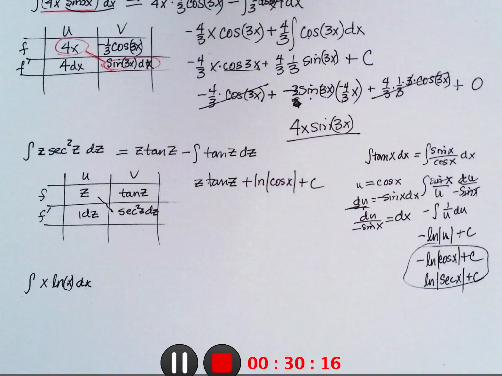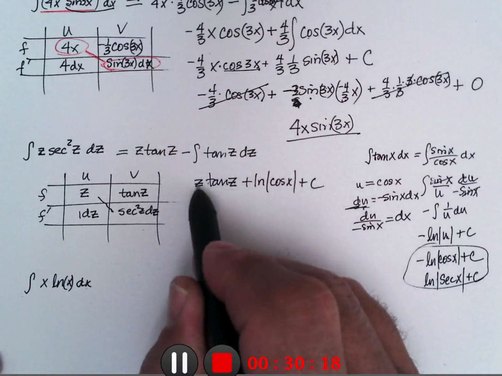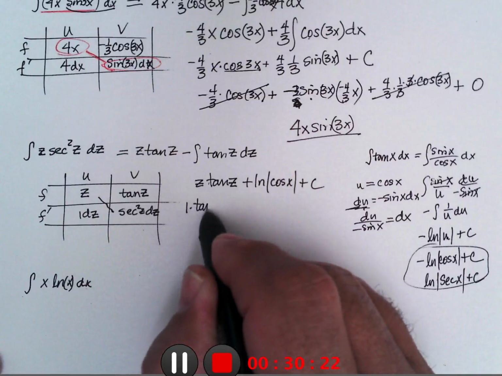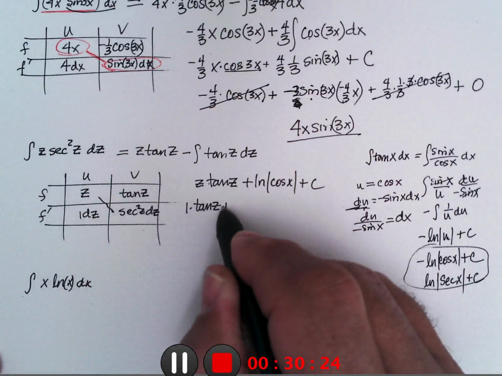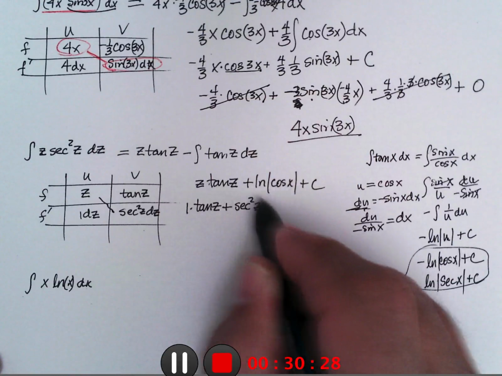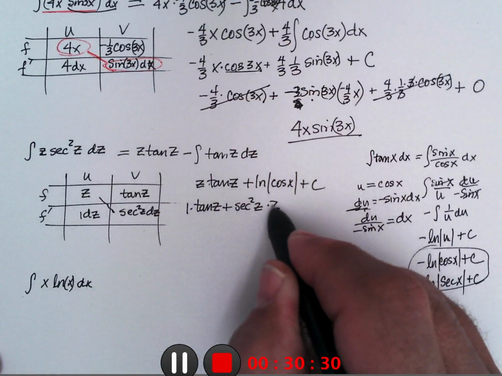Take the derivative of this. The derivative of z is 1 times that, plus the derivative of tangent is secant squared z times z. That's what we wanted.